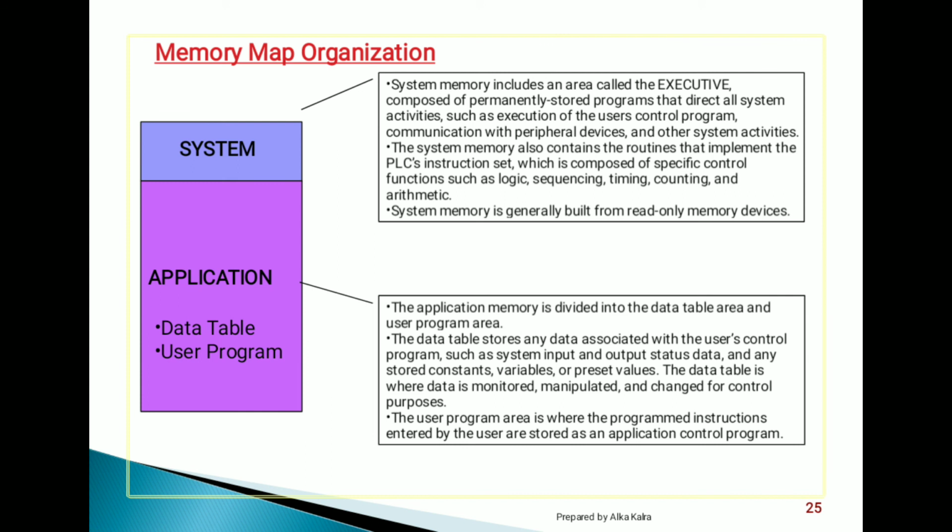All types of activities are controlled by system memory. System memory contains the PLC instruction set, which is composed of specific control functions such as logic, sequencing, timing, counting and arithmetic.